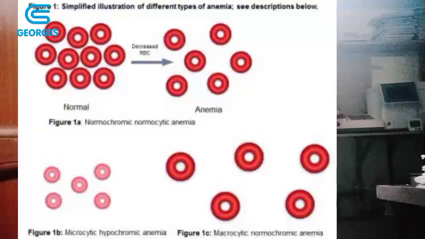This can also tell us how the red blood cells look, by the way. In a situation whereby there is anemia that is macrocytic, the average volume is high, but it is normochromic. It means that the cell has a large volume but contains nothing. I don't know if you're getting me.